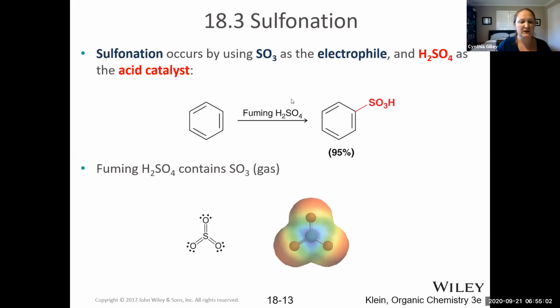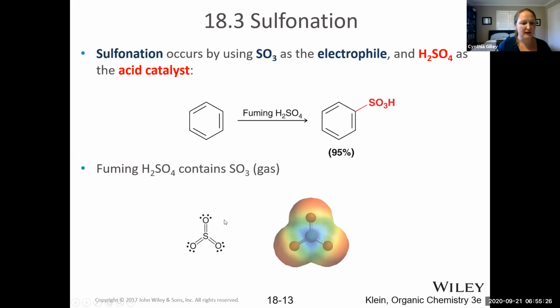Those fumes are SO3 gas, sulfur trioxide gas, and it is the active electrophile in the reaction. Sulfuric acid is actually just the acid catalyst. The actual electrophile is what's in the fumes, which is SO3.